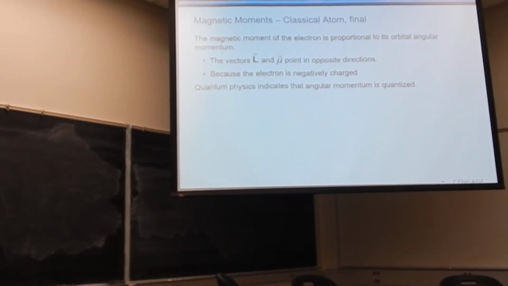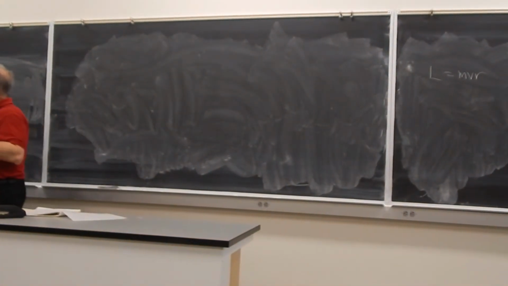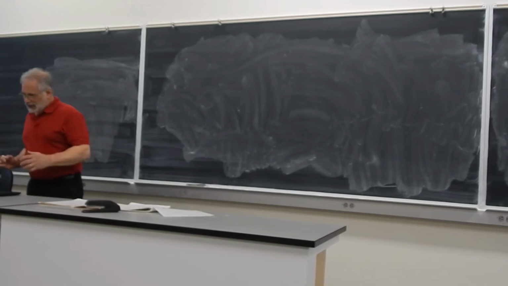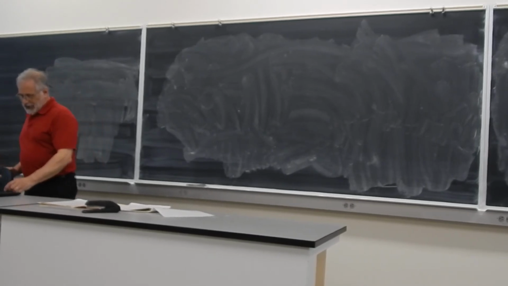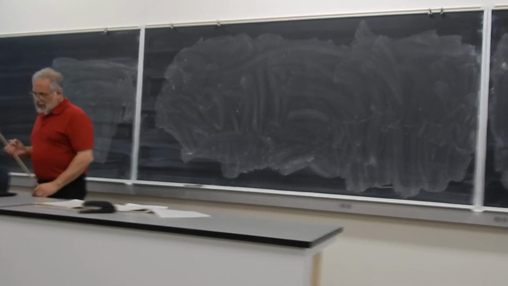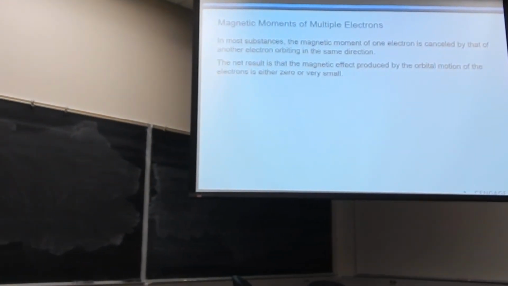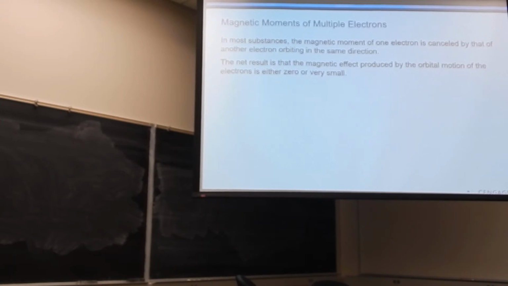As you study deeper into physics and learn more about quantum mechanics, we'll realize that angular momentum is quantized, and that will be an important concept when we do quantum physics. Now, in most substances, while you may have many, many electrons, most of the magnetic effects cancel one another.